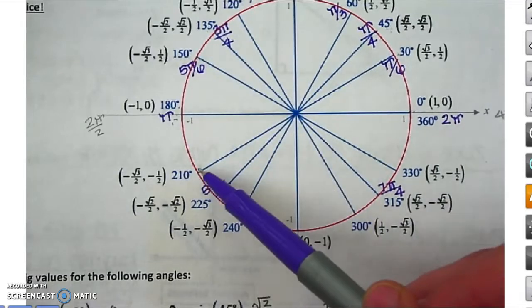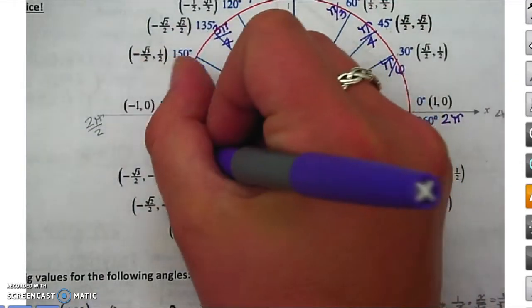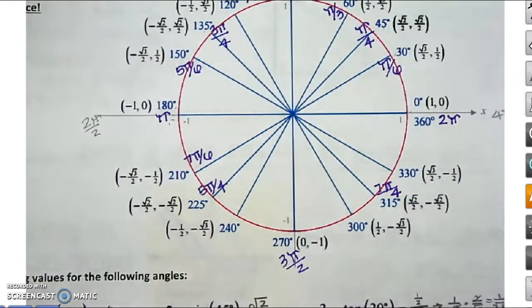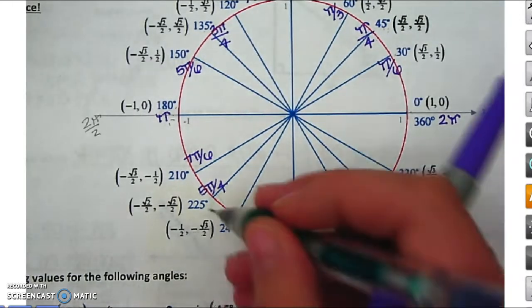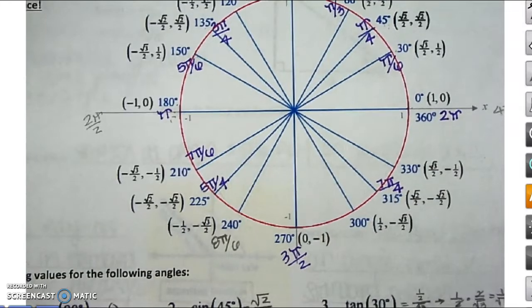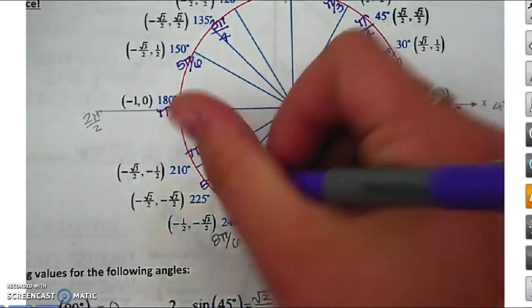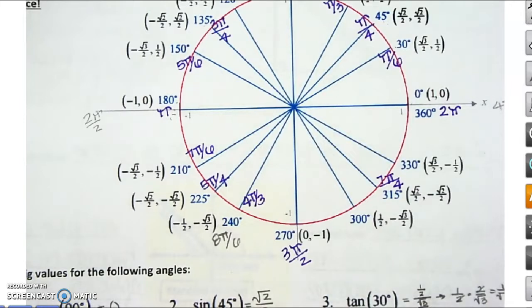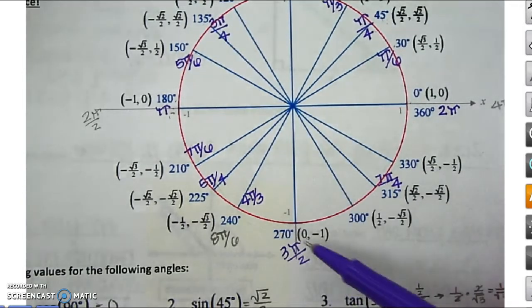Another 30 degrees, we would have 7 pi over 6. Another 30 degrees, we would have 8 pi over 6, which would simplify to 4 pi over 3. This one would be 9 pi over 6, which is 3 pi over 2.